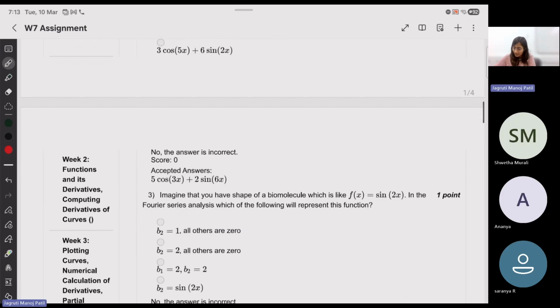Next one. Imagine that you have a shape of a biomolecule, which is like f of x is sine 2x. In the Fourier series analysis, which of these will represent the function? So when does your sine 2x come in the series? Again, visualize the series.